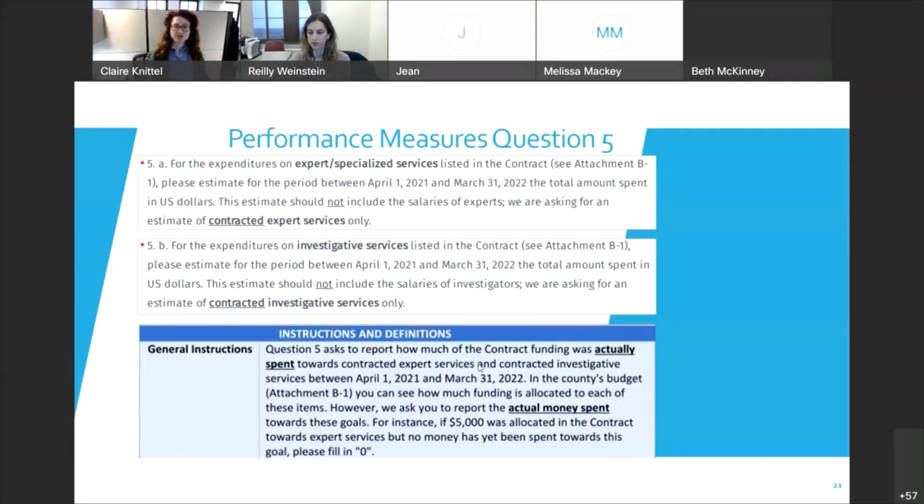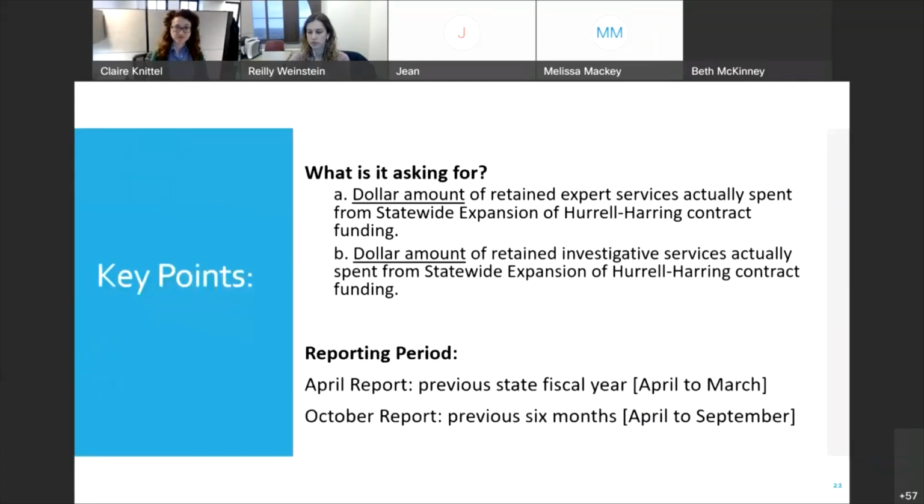And so the general instructions here are very important. Question 5 asks to report how much of the contract funding was actually spent, bolded and underlined, towards contracted expert services and contracted investigative services between April 1st, 2021 and March 31st, 2022. So what is it asking for?